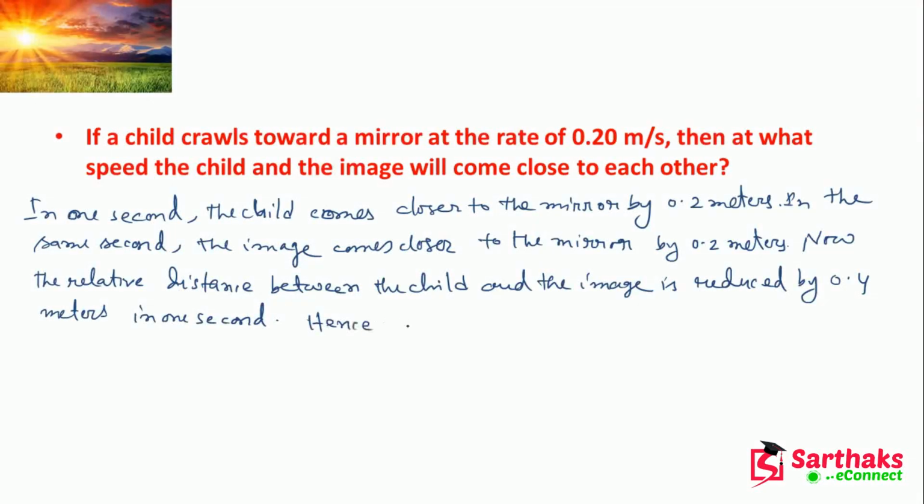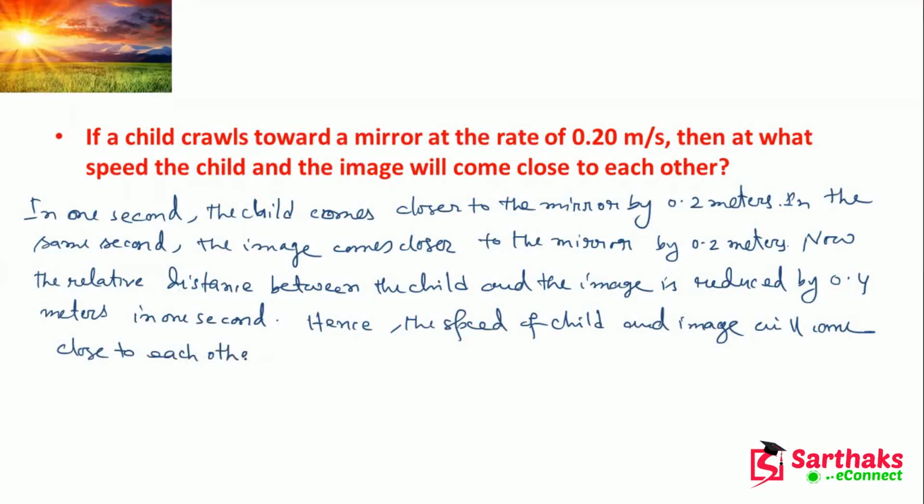Hence, the speed at which the child and image will come close to each other is 0.4 meter per second.